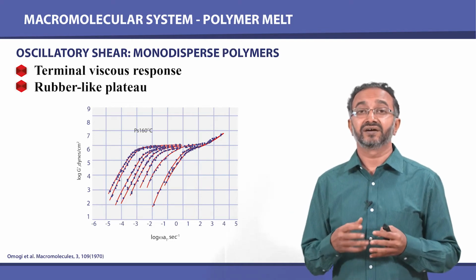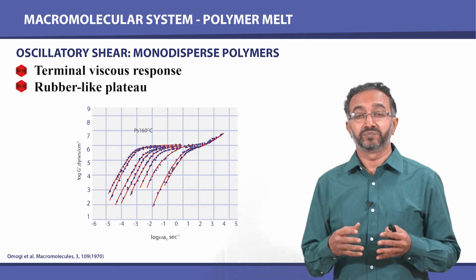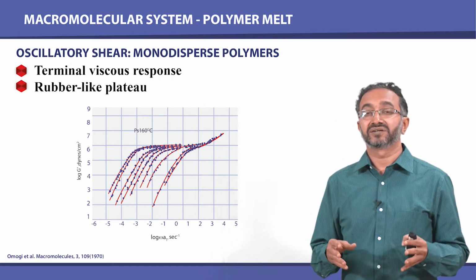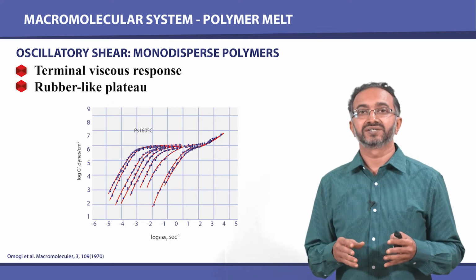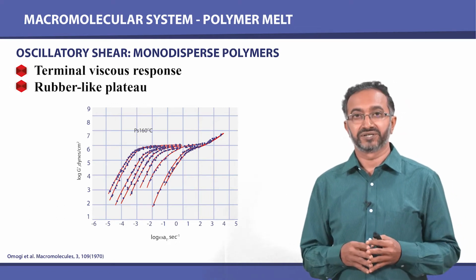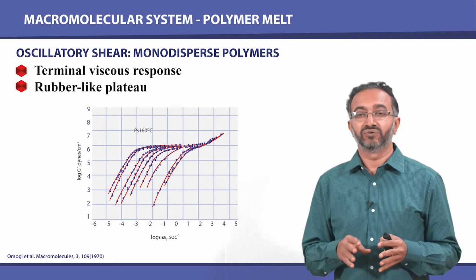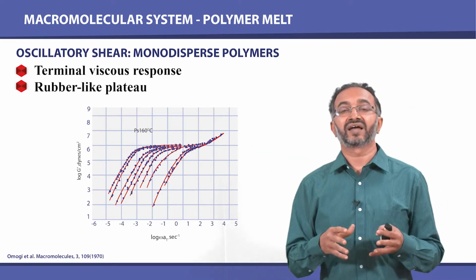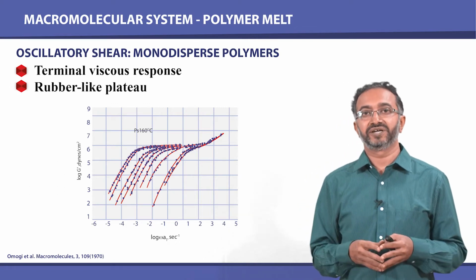So, clearly the overall polymer and its length is not important, but what is important in this case is the length between entanglement points. And so, the overall response that is pictured in these data is due to the entanglement behavior of polymeric melts.